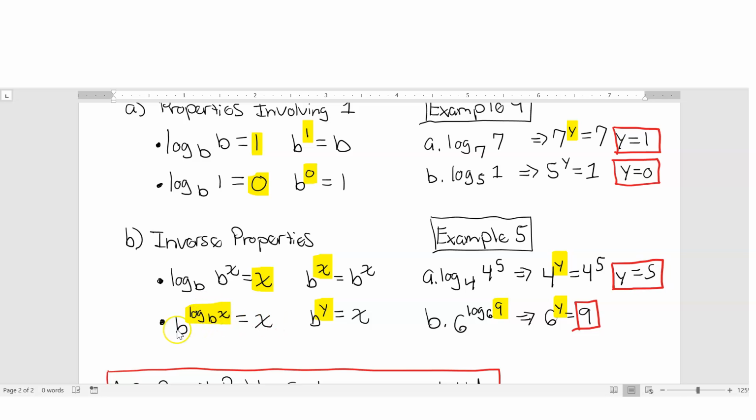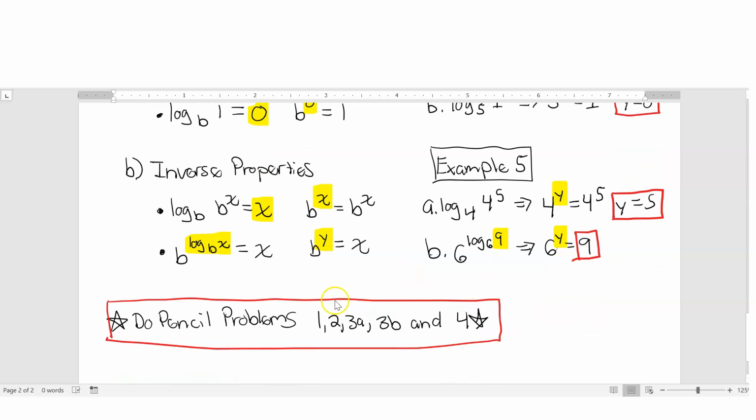You could think of these inverses as undoing the actions of another, but this whole expression, log to base b of x, returns the value b to y equals x. So of course, base b raised to that exponent y must also equal x. And again, I've included two examples from example 5 to illustrate those properties. Now, do pencil problems 1, 2, 3a, 3b, and 4.